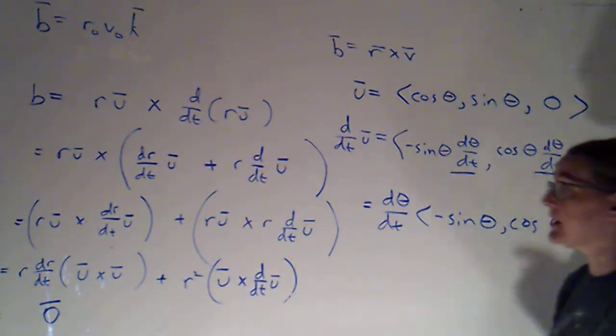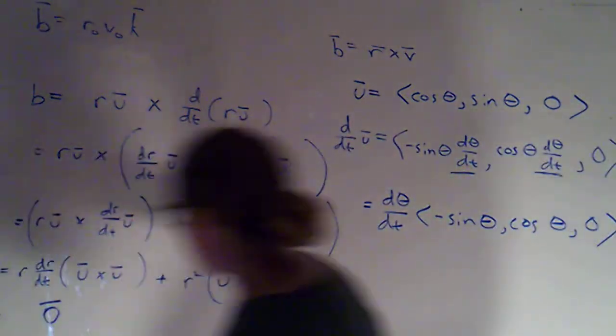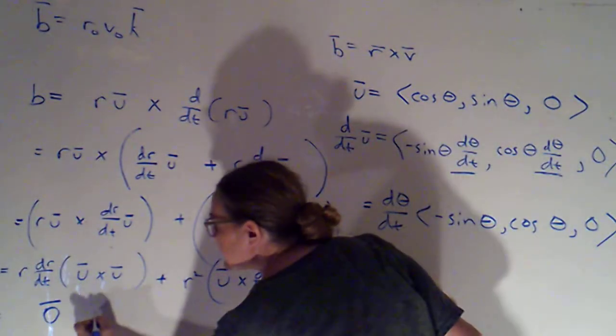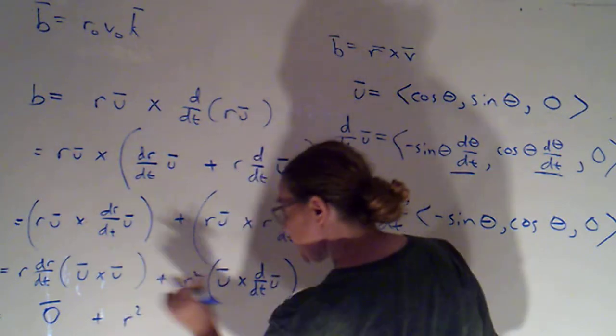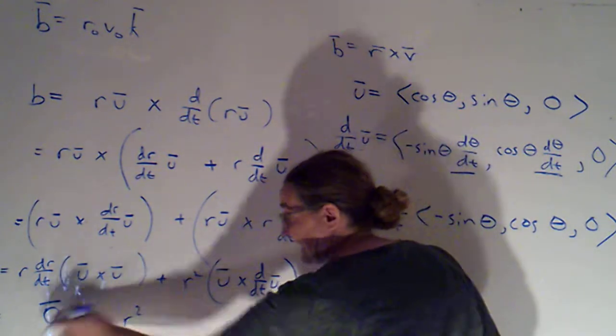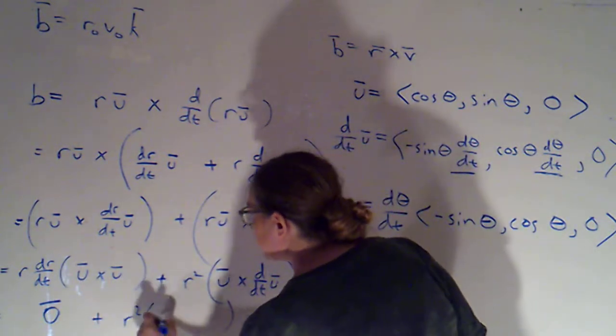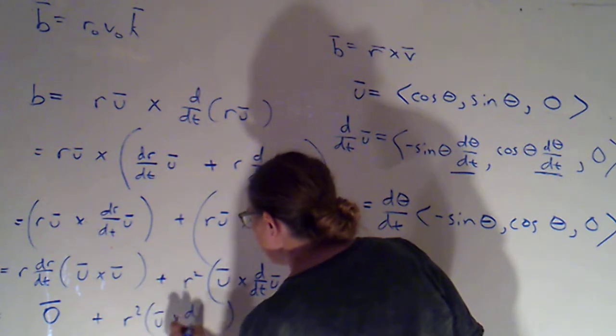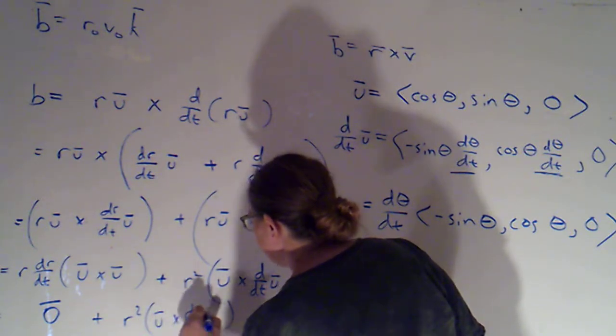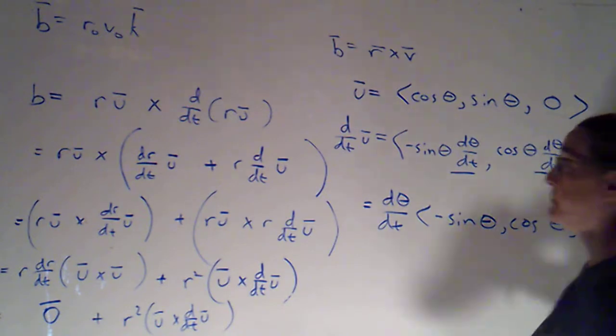Okay. So let me just clear some space. So what we've determined is that what we're going to end up with is just this last term, because we're adding it to 0. We're going to get r squared copies of u crossed with the derivative with respect to time of u. Okay.